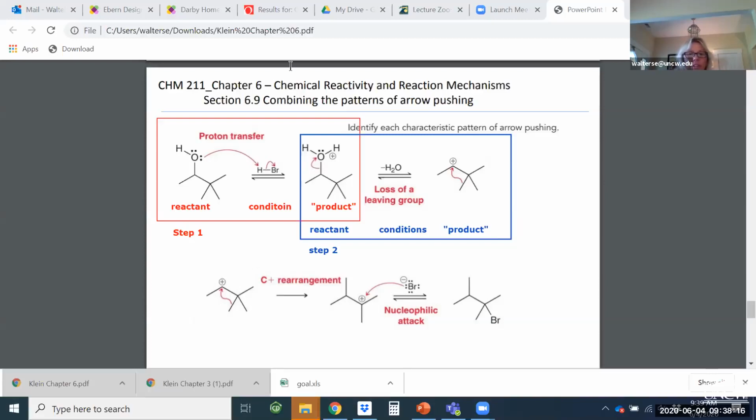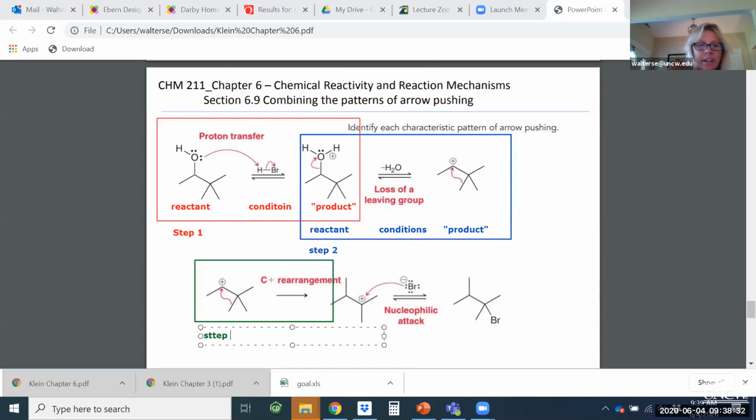Now, if you look carefully, this species in the blue box that's considered the product is repeated down here. So it's the reactant in step 3. And if you look at step 3, the only molecule that is involved is the reactant itself. So that would be the rearrangement. Oops, I need to make my arrow.